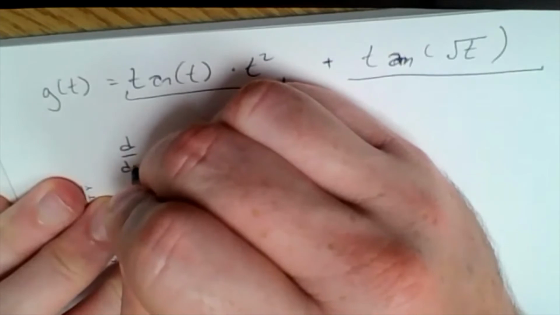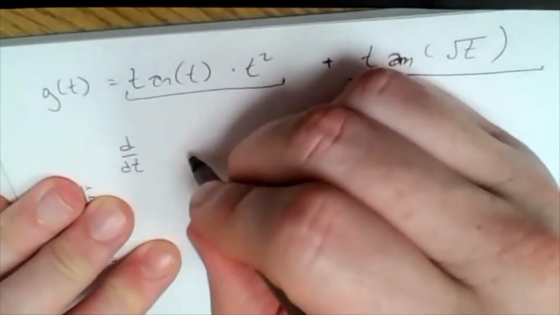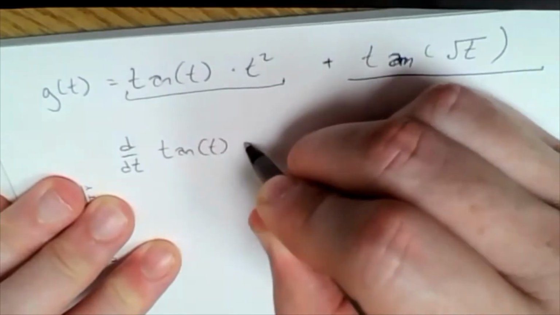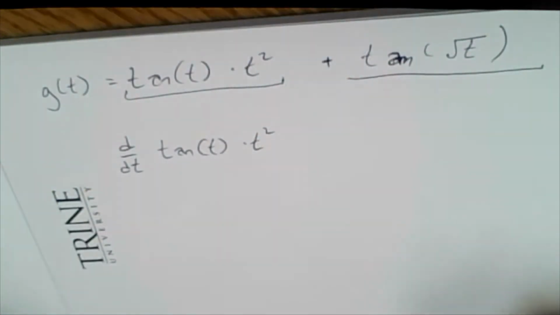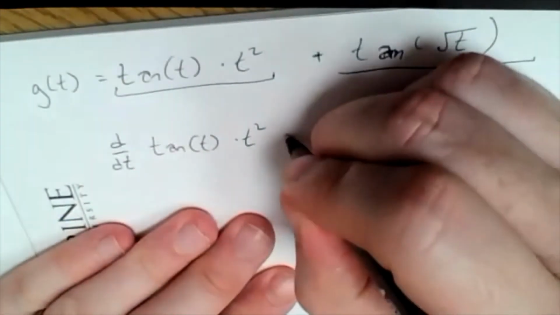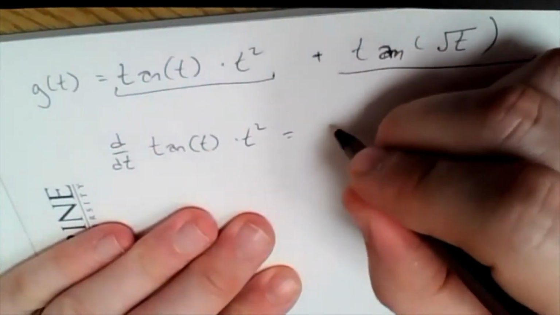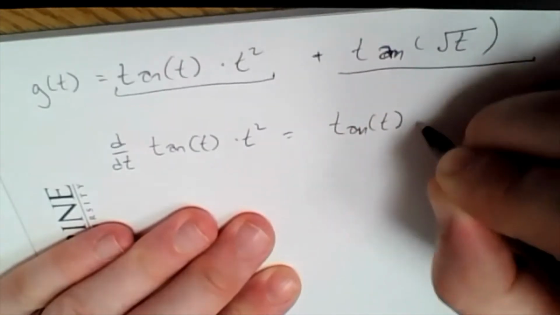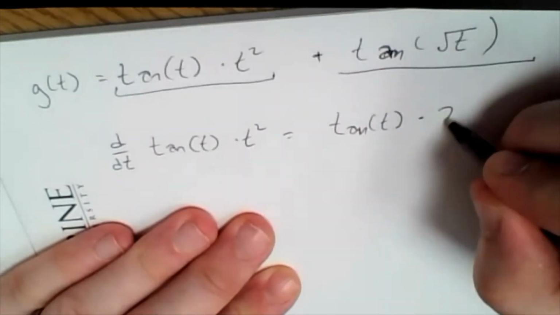So, first, I'm going to calculate the derivative of this function. This is just the product rule. So I'll say I've got tangent of t times the derivative of t squared.